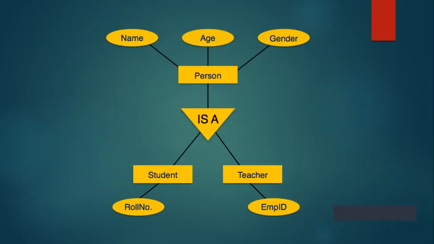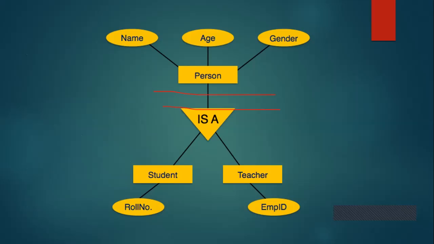Next is inheritance. Inheritance is nothing but a combination of both generalization and specialization. Here you have name, age, gender, the attributes of a person. This person can be divided into subgroups, that is student and teacher.